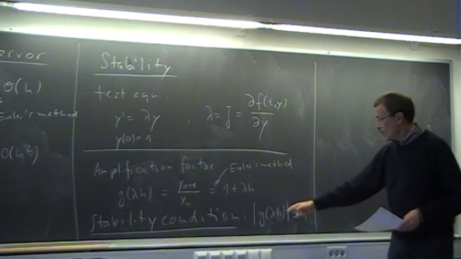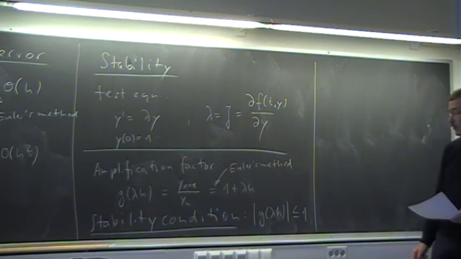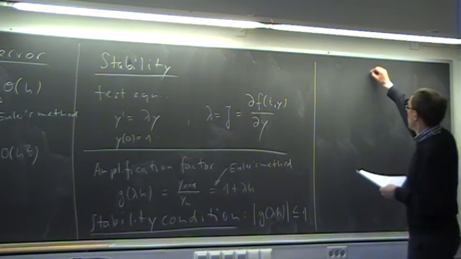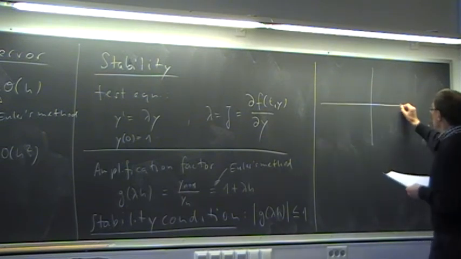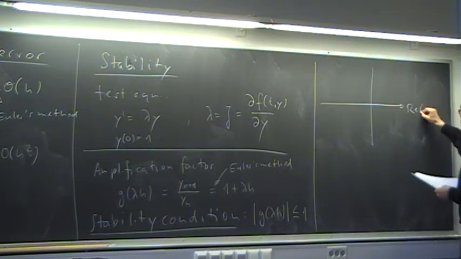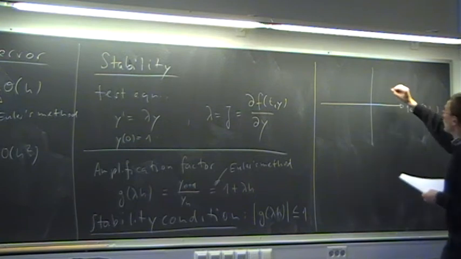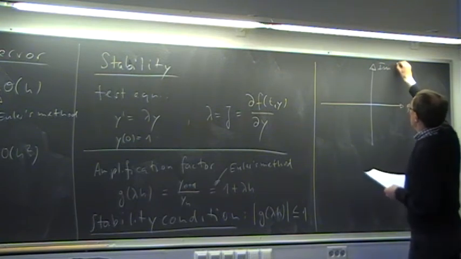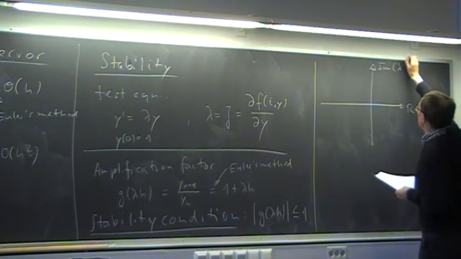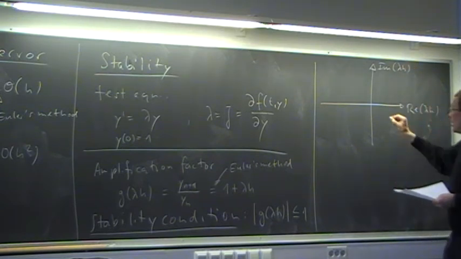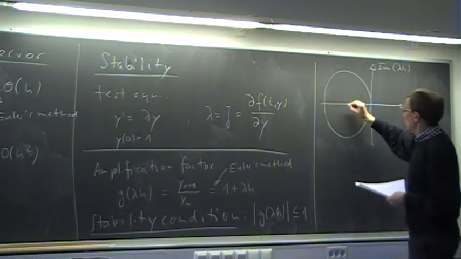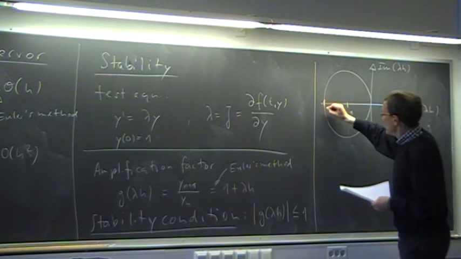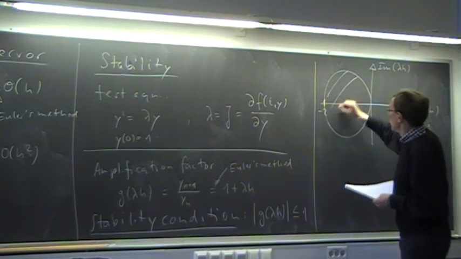Then we have to see whether this condition is fulfilled, and for that we can use the stability domain, with the real part and the imaginary part of lambda h. It turns out that we have a circle around -1. Here this is -2.